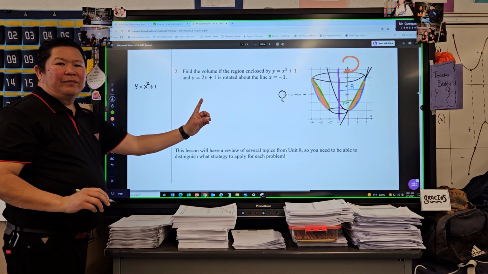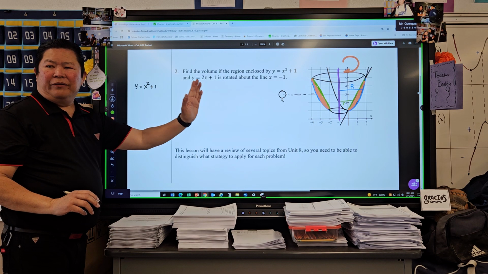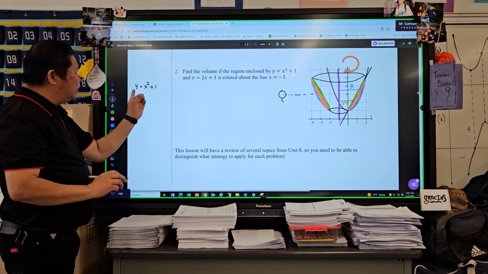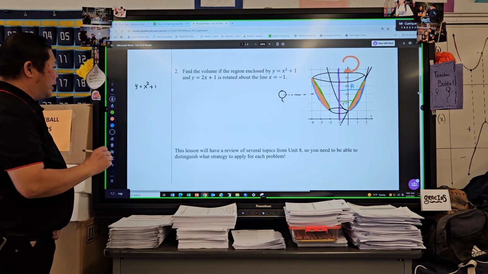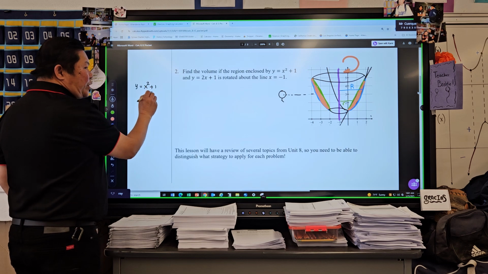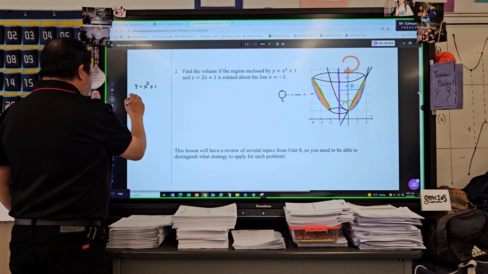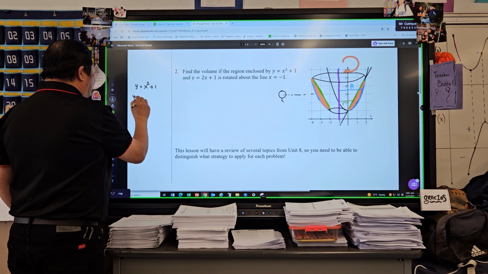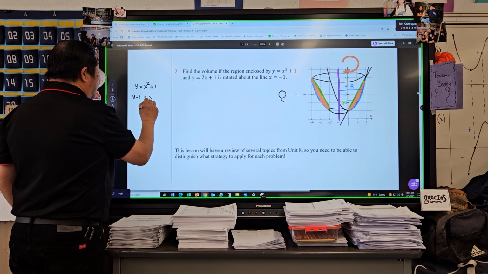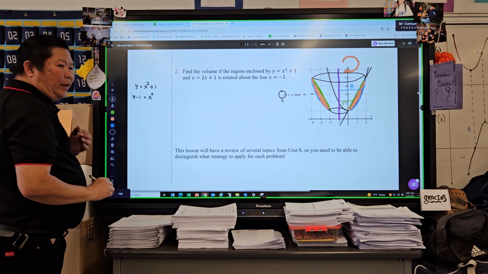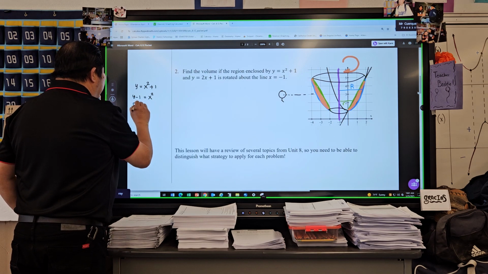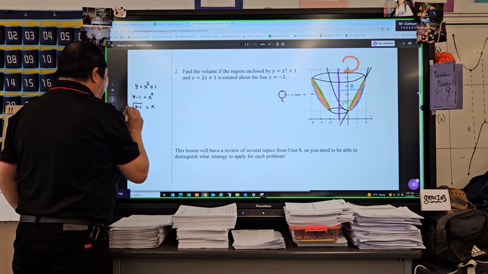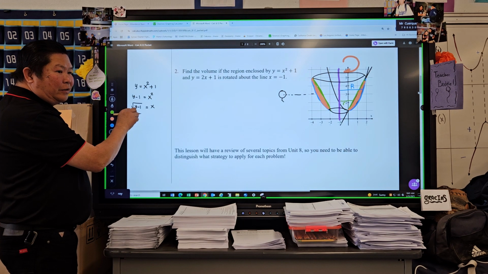Since it is being revolved along the y-axis, we're gonna change this into terms of x. So we have to subtract both sides by 1. The left side is y minus 1 is equal to x squared. Therefore, we're gonna take the square root. So this means the square root of y minus 1 is equal to x. Okay, this is now the x.